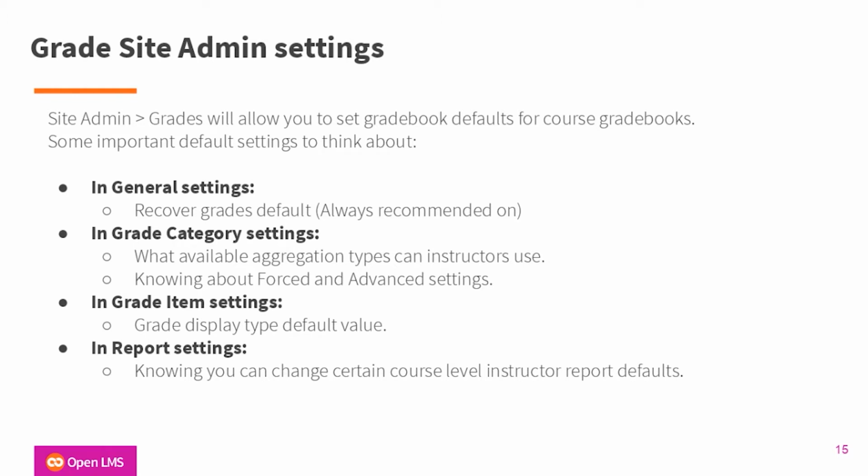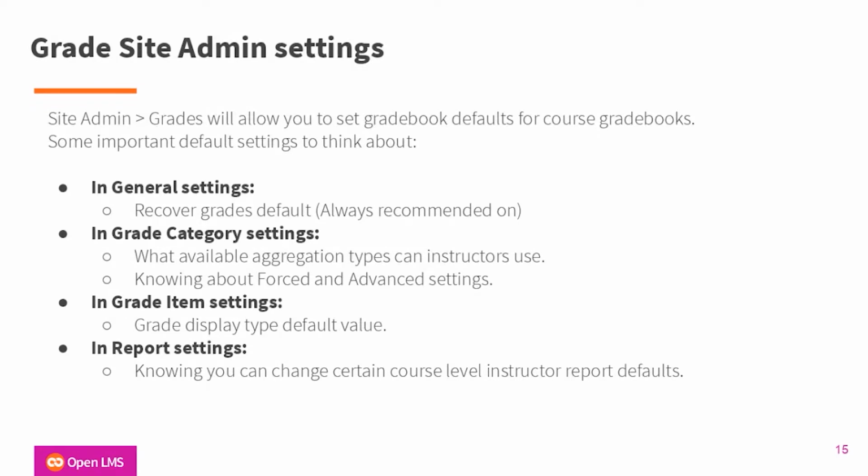The advanced setting is more about where you want a certain setting to appear. For example, drop the lowest: do you want that to appear in the main settings, or would the instructor have to click on the advanced drop down to show these advanced settings? As I go into the demo a little bit later, you'll see this.